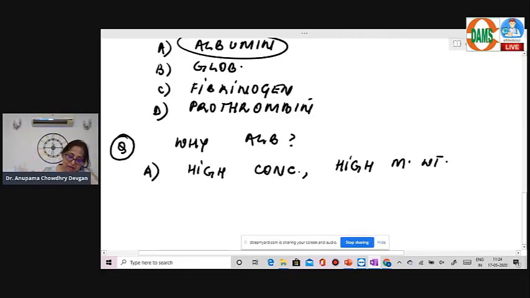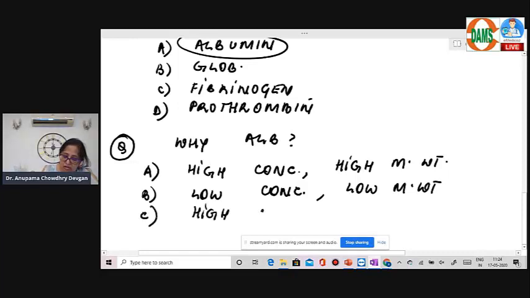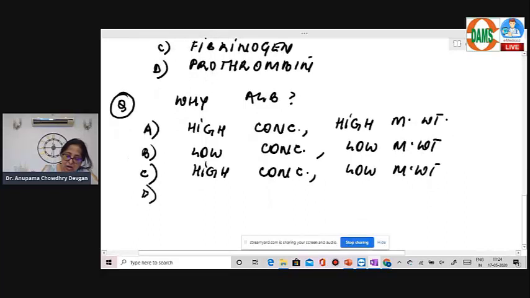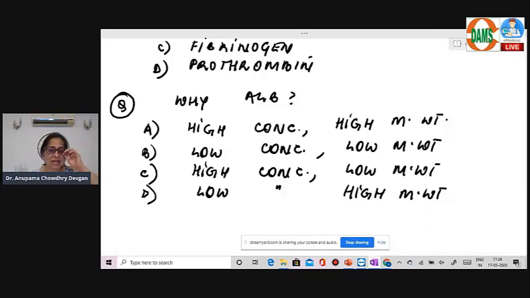Or is it because albumin is in a low concentration and has a low molecular weight out of all proteins? Or is it a high concentration and a low molecular weight? Or a low concentration and a high molecular weight? Please remember, it is out of all the proteins, because we are talking of colloid osmotic pressure, and that means I need to compare all the proteins.